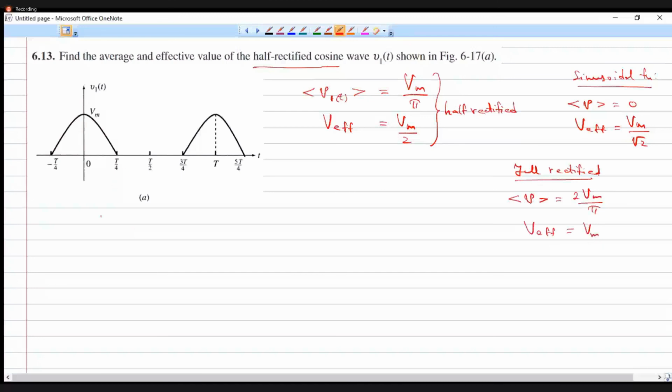So tell me how you can represent this V1 of t. I had told you two methods of representing this function. First, you can use the unit step function and then multiply it and represent it like that. Or another easier method I have also told you: you can represent it for intervals.